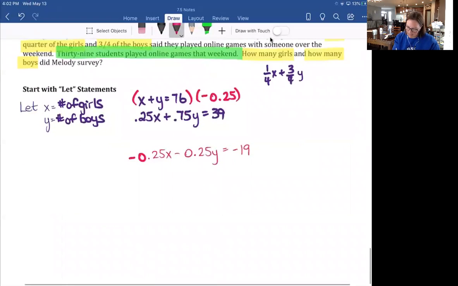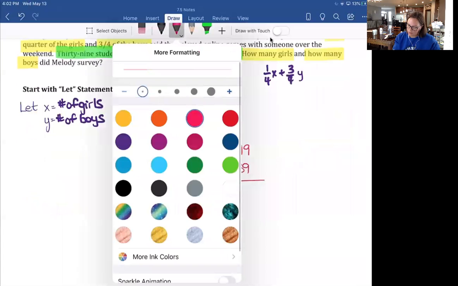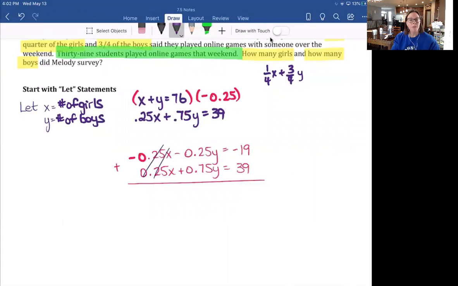And I'm going to add to that the other equation, which is a positive 0.25x plus 0.75y equals 39. So when I add those, these cancel out, which is exactly what I want to do. They eliminate. Negative 0.25 plus 0.75 is 0.5y, and negative 19 plus 39 is 20.